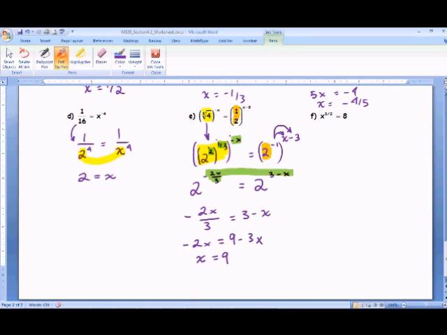I would say this is a really powerful equation solving technique, getting the same base on both sides. Because if you look at this original equation, it's a mess, right? You've got a cube root of 4, you've got a 1/2 to the x minus 3, there's weird exponents going on, different bases, it seems like it's really difficult to solve at first glance.